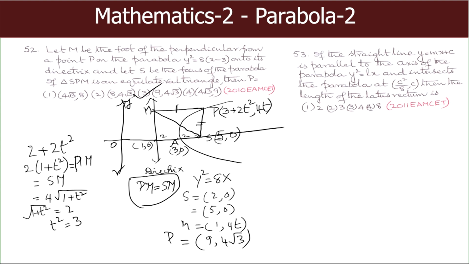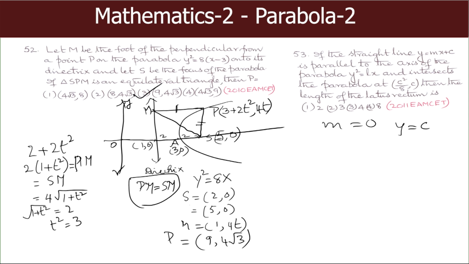Look at the question. Sometimes you find typical questions like this, which are a little more time consuming. If the straight line y equal to mx plus c is parallel to the axis of the parabola, what is the axis of the parabola? X axis, and y equal to 0. So, when this line y equal to mx plus c is a horizontal line, being parallel to y equal to 0, m must be 0, and y equal to c, that is the straight line y equal to c, intersects the parabola at (c²/8, c).